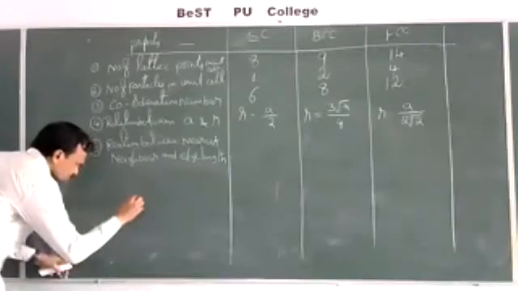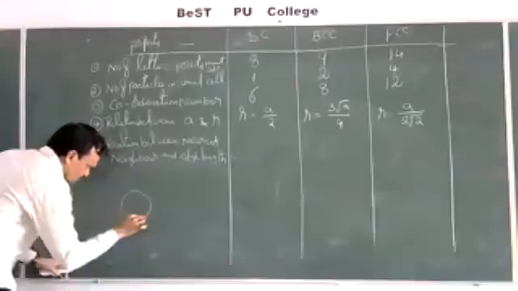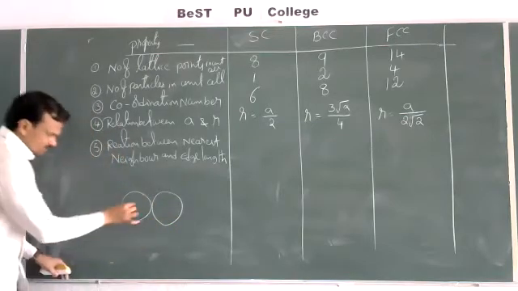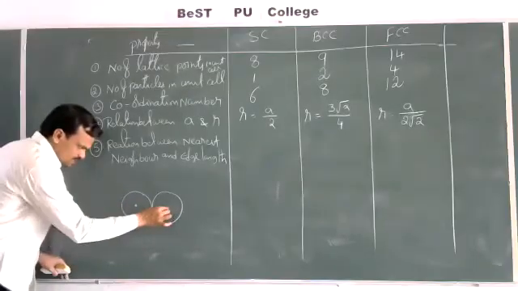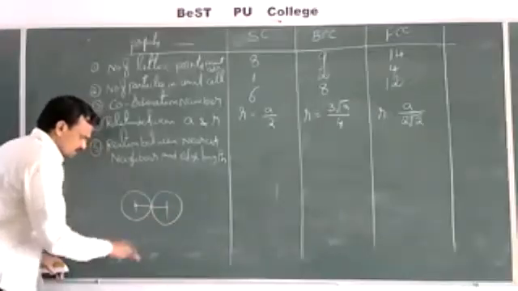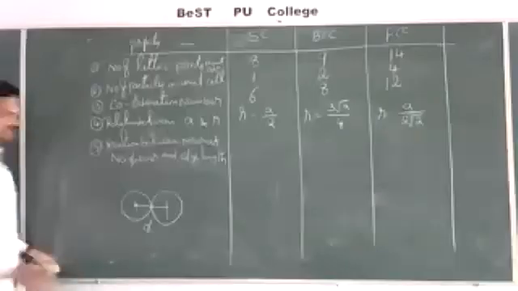See, if we take 2 constituent particles in a lattice, the distance between the nuclei of the two nearest particles is known as d. These two may or may not be in contact with each other.